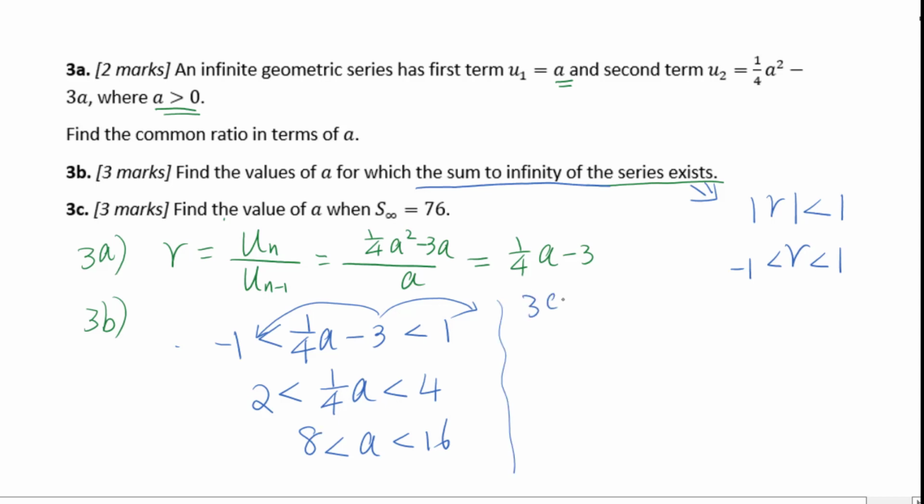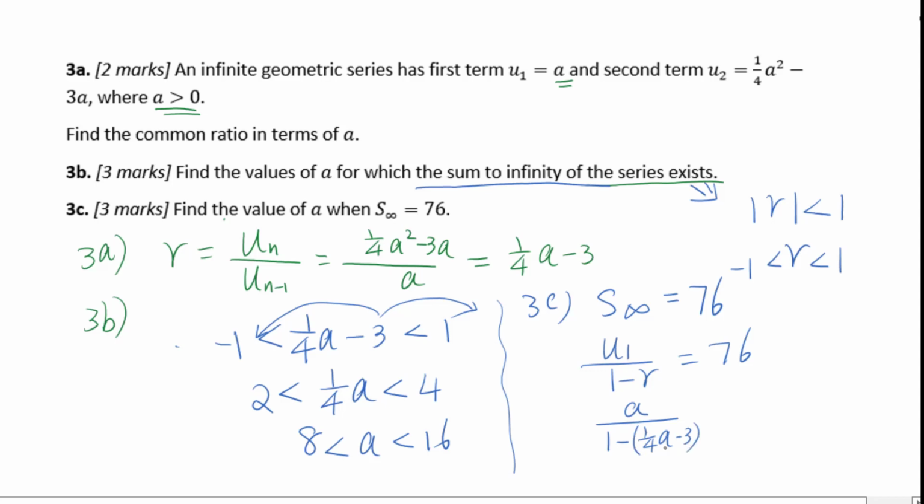For 3c, find the value of a when S sub infinity equals 76. S sub infinity equals 76 means u sub 1 over 1 minus r equals 76. U sub 1 is a, and r is 1 over 4a minus 3.